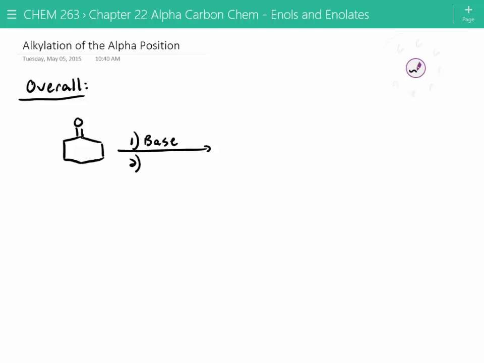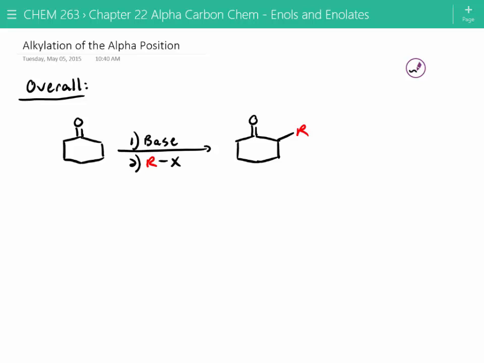And then in the next step, you can treat it with some sort of alkyl group. So in this case, an alkyl halide. When you do this, you can alkylate in your alpha position. Pretty straightforward. Do you guys want to see the mechanism for this?